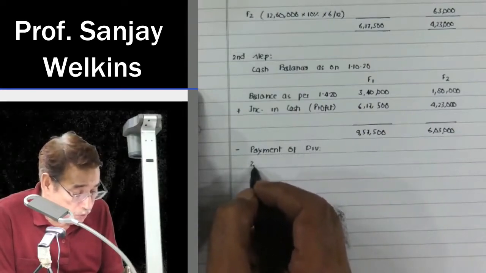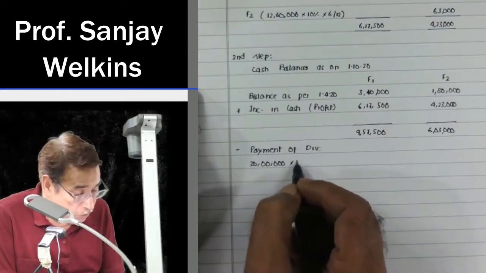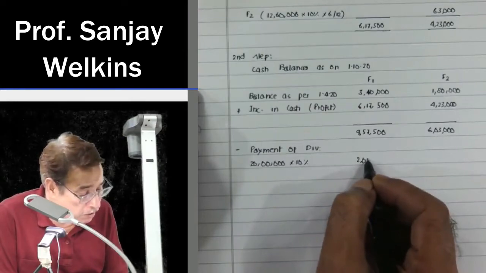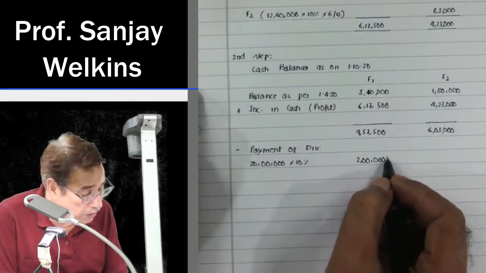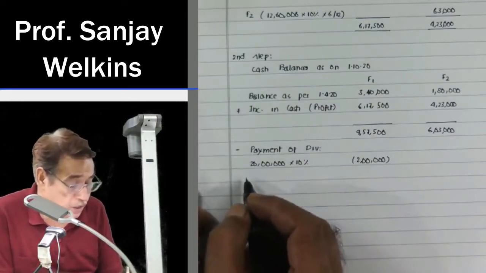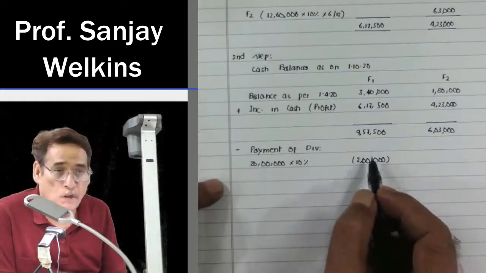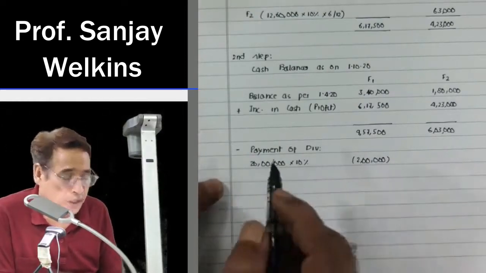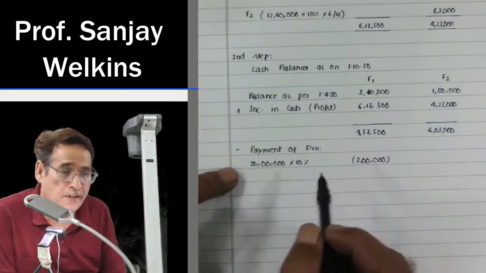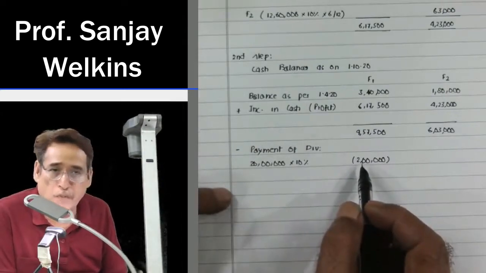Total share capital of F1 Limited is 20 lakhs and the rate of dividend is 10%. So they must have paid dividend to the tune of 2 lakhs. Besides, it was given in the question that dividend tax is 15%. Dividend tax is always imposed upon the amount of dividend. This company paid dividend amounting to 2 lakh, so the dividend tax would be 15% of 2 lakh.